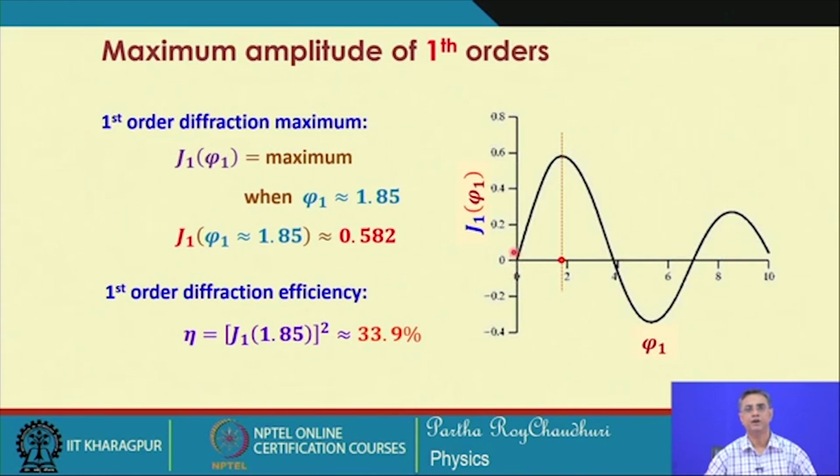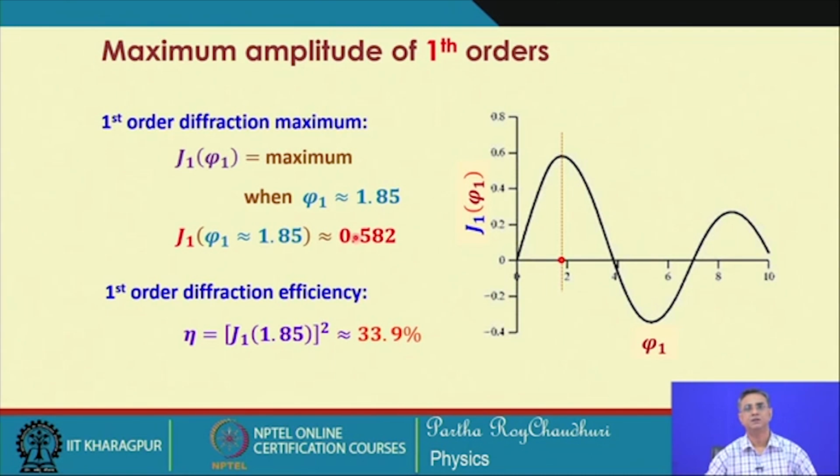So, when you have phi 1 equal to 0, you have no light in the first order diffracted beam, but when the phase change phi 1 is modulated as delta phi equal to phi 1 sine of omega t or sine of k z, periodically along the length of the acoustic wave.